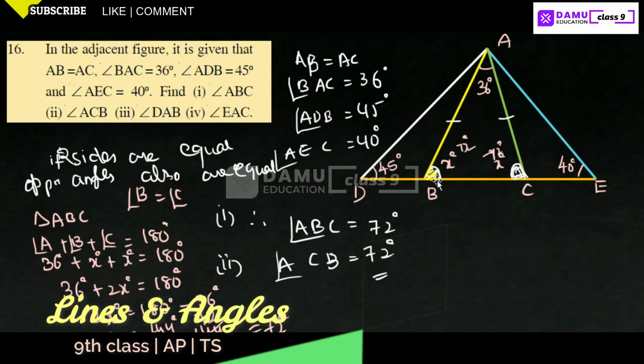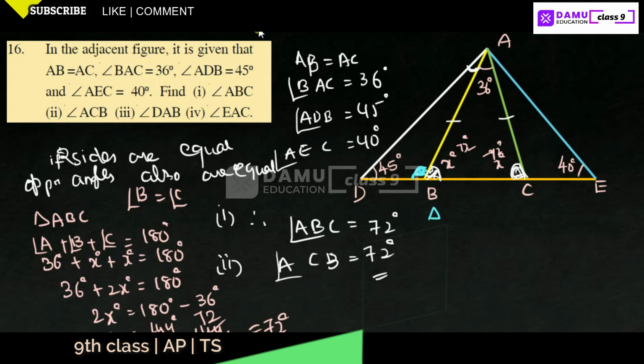So this angle DAB we have to find. We can go with one method: we can calculate the other angles and then subtract. So what is this angle in triangle ADB?